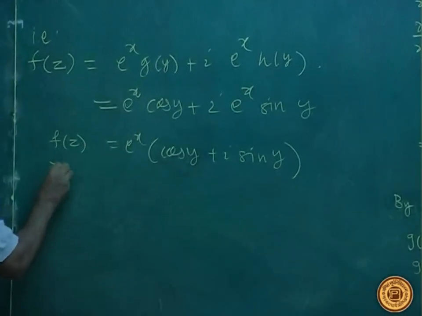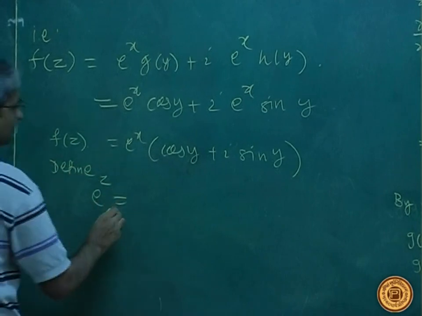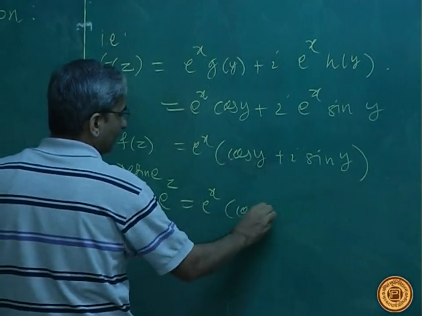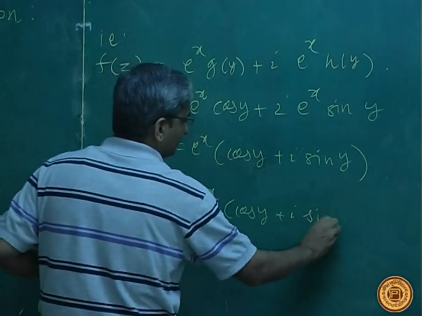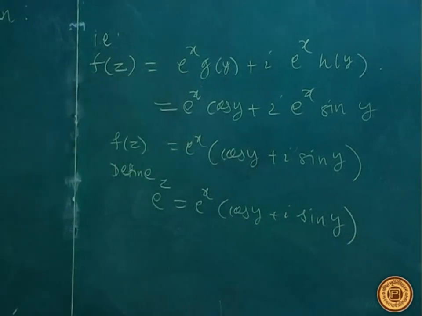So define now e^z as e^x (cos y + i sin y). This is the definition.